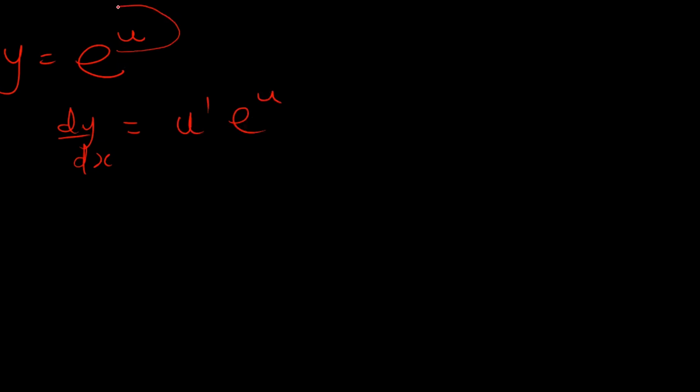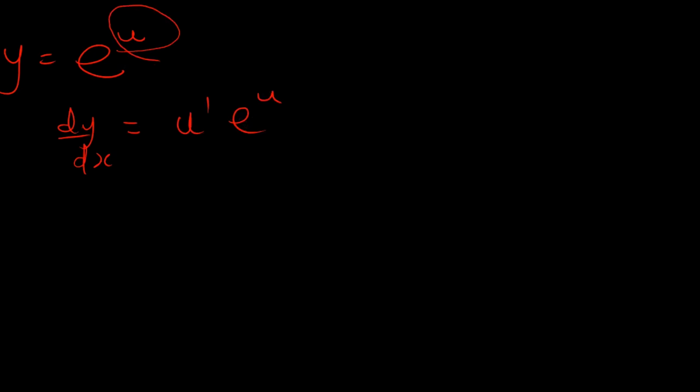Okay, so generally when we have y equals, let's say, e to the power u, where u is a function of x, dy over dx is simply going to be u prime multiplying e to the power u. So all that you have to do is to differentiate the power and multiply it by the function itself.